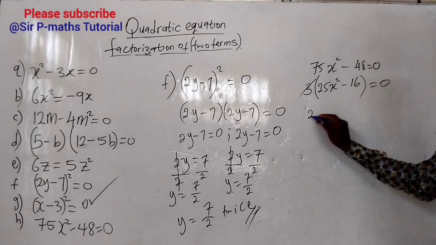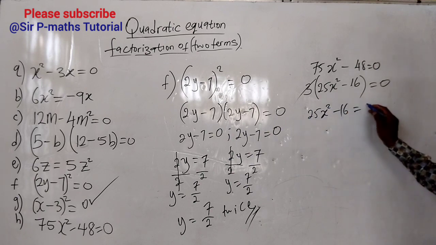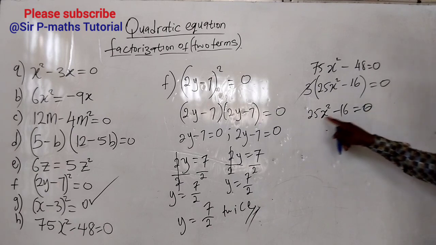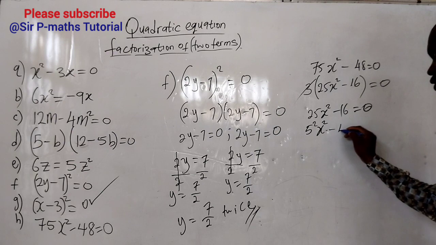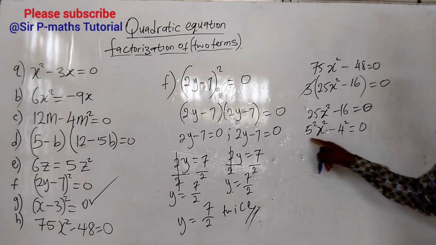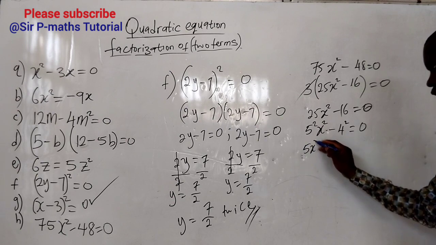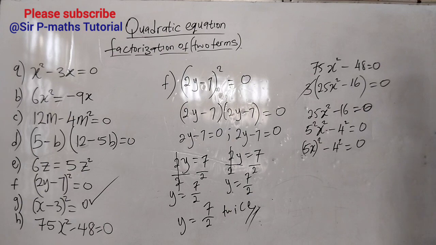I am left with 25x squared minus 16 equal to 0. This is a difference of two squares because I'll have 5 squared x squared minus 4 squared equal to 0. And this is the same as 5x all squared minus 4 squared equal to 0.